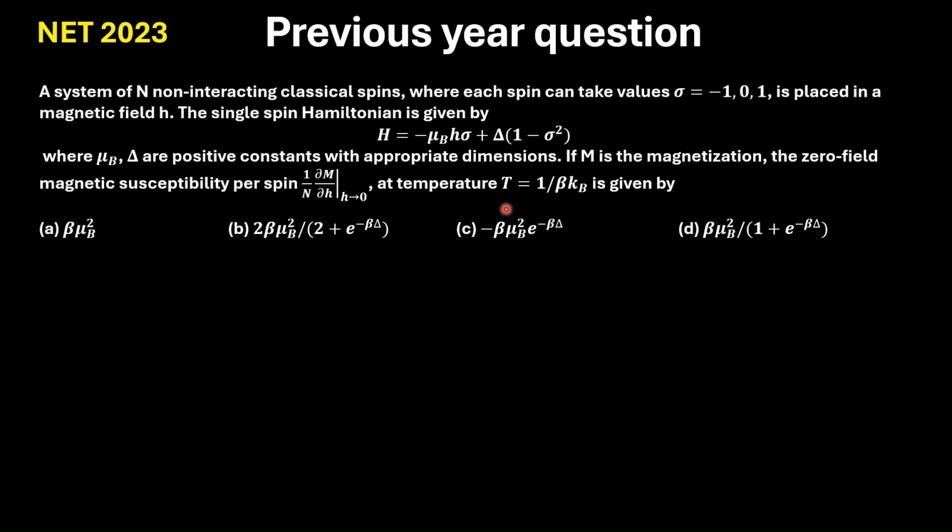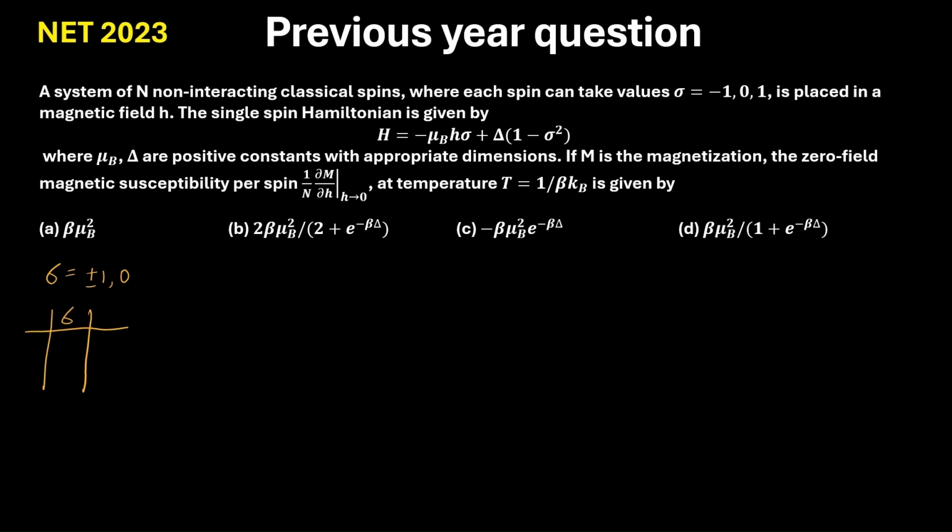Now, sigma can have plus 1, -1, or 0. So there are 3 possible values. So the first thing we'll do is find all the possible combinations.